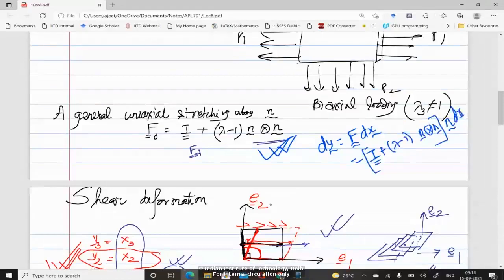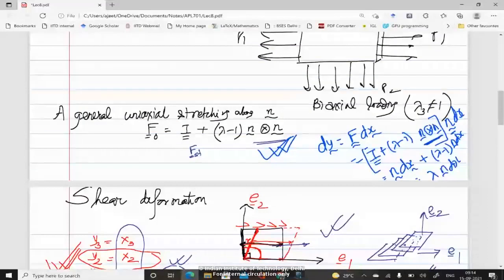When you work it out, the first term, identity into n, is n itself, so that is n dx. The second term is a second order tensor multiplied with n, so you dot it: n dot n is 1, and then you have n itself, so it is (lambda minus 1) n dx. Adding together, you get lambda times n dx. So indeed, for line elements along n, it becomes lambda times the line element. So it is indeed a stretching.